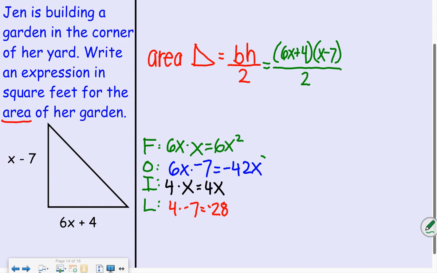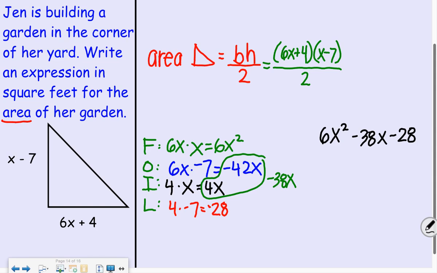So my O and I, negative 42 and 4, make negative 38. And then my answer is 6x squared minus 38x minus 28. But remember, that isn't my final answer.